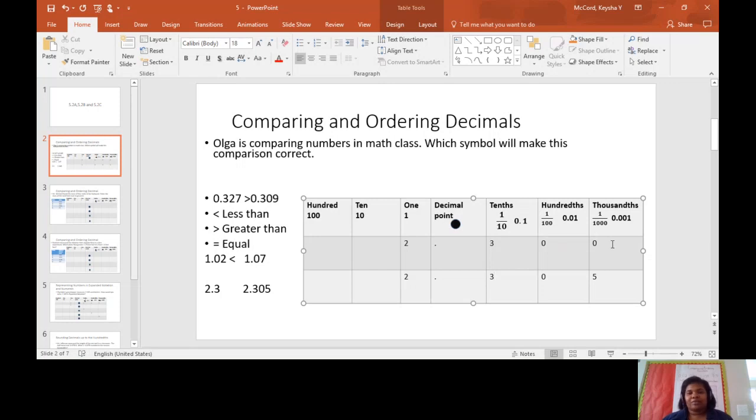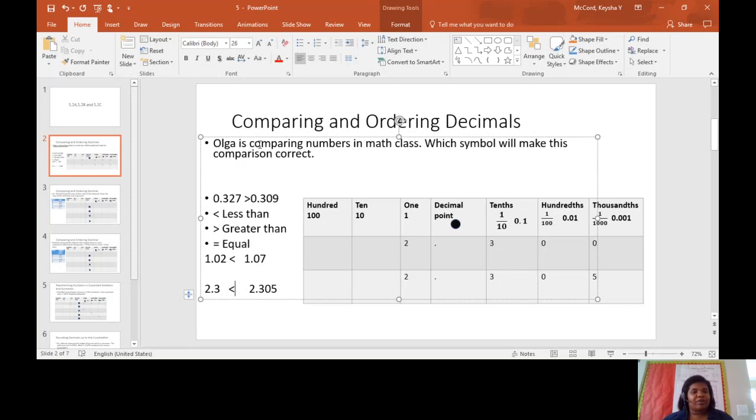So now I'm going to move to the last place value, 0 and 5. Well, I know 0 is less than 5. So that means 2 and 3 tenths is going to be less than 2 and 305 thousandths. Okay? This is the first kind of problem that you will see in your Google Classroom assignment today.